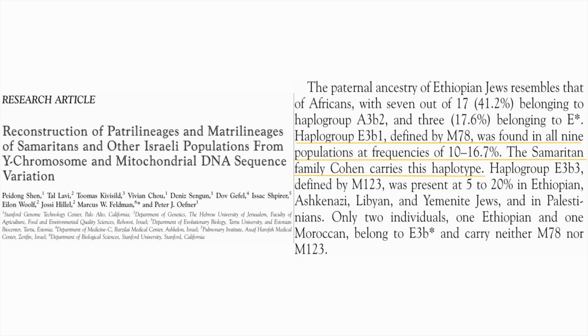According to the genetic paper titled Reconstruction of Patrilineages and Matrilineages of Samaritans and Other Israeli Populations from Y-chromosome and Mitochondrial DNA Sequence Variation, it reads, Haplogroup E3B1, defined by M78, was found in all 9 populations at frequencies of 10 through 16.7%. The Samaritan family Cohen carries this haplotype.